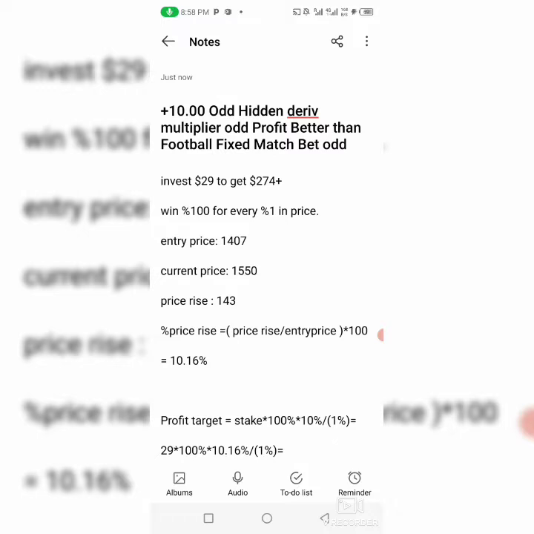Okay, so assuming you invested $29, then this is how you get around $274 plus on multiplier. If you traded, for instance, Volatility 101s on multiplier, actually this result came from Volatility 101s.